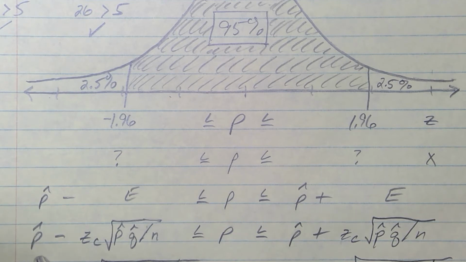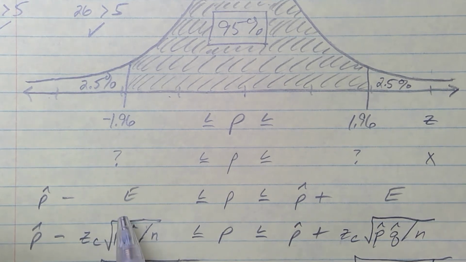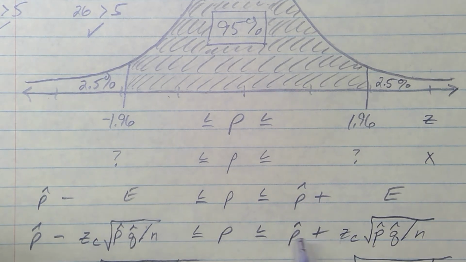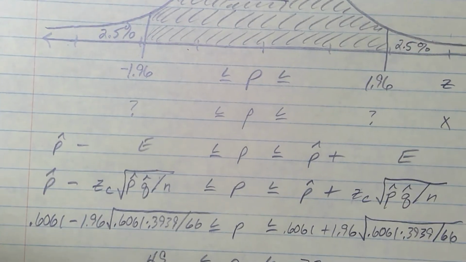It's our best guess, p hat, a point estimate, that's our sample proportion, minus the z number that brackets in 95%, times the square root of p hat times q hat, divided by n. I write it left to right like this so I can get it all on one line instead of putting a fraction under the root. Over here, same thing except plus. So it's p hat, give or take a point spread, a margin of error.